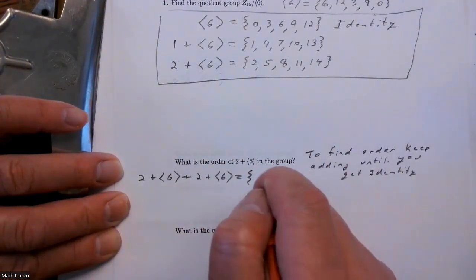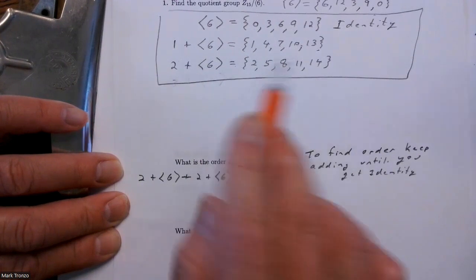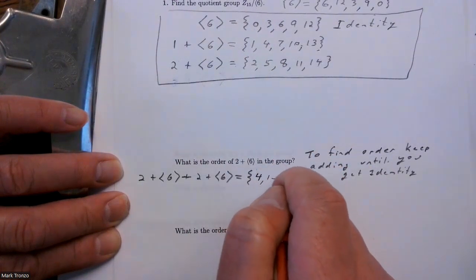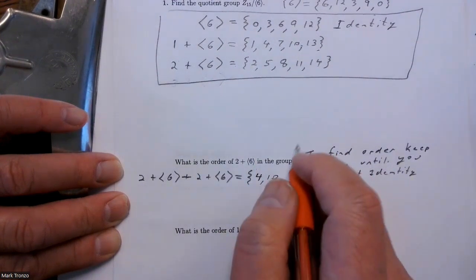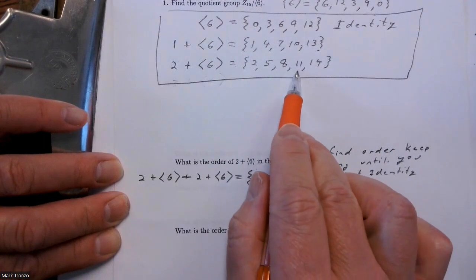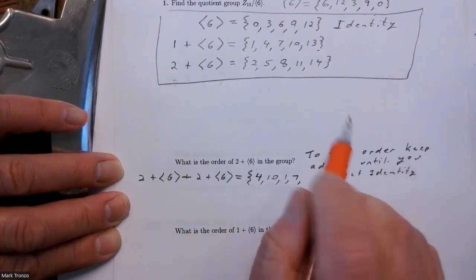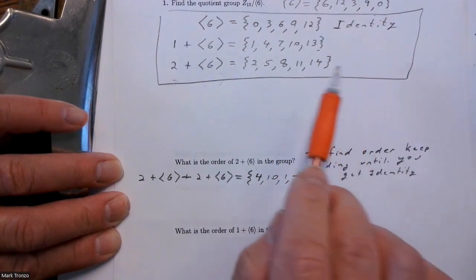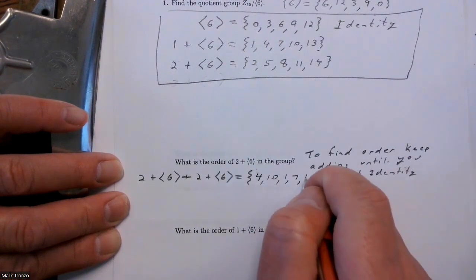add it to itself, this would be 4 plus 10. Then 16 is going to be 1. 22 is going to be what, 7? And then 28 will be 13.